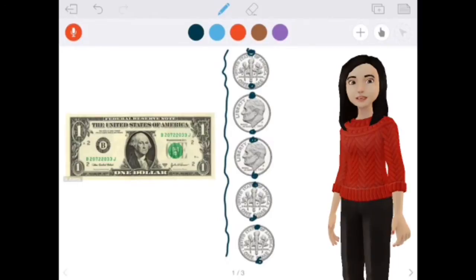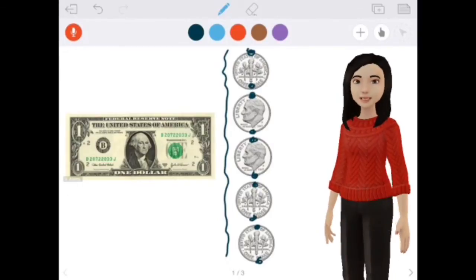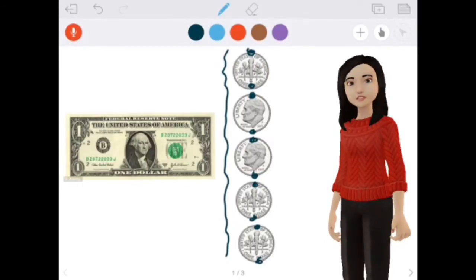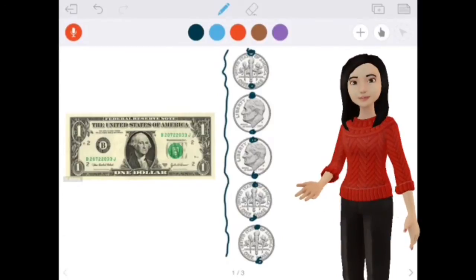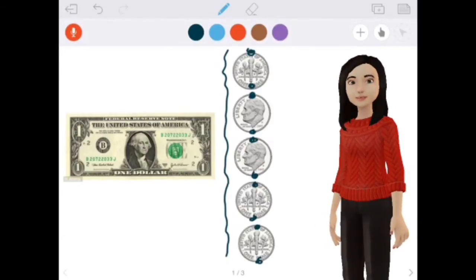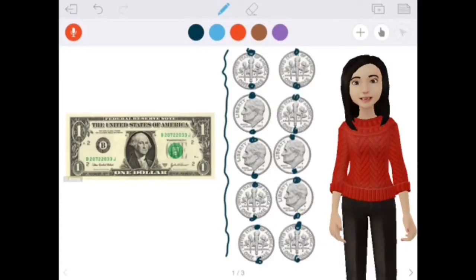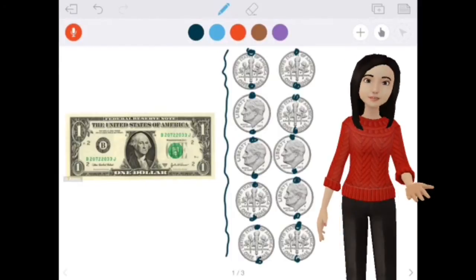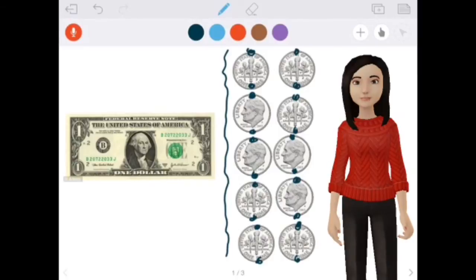I think I might need to add another 5 dimes or 50 cents. Okay, I added 5 more dimes, and each dime has 2 touched points. Remember, we are at 50 cents.